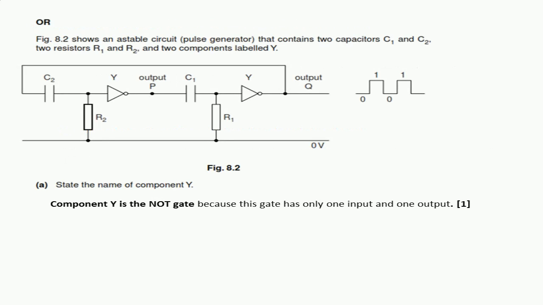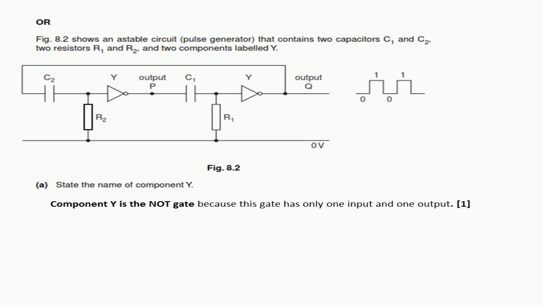So dear student, that is the question number 8 either question. As I told you at the start of the lecture, after the change in the 2015 O level syllabus, there are optional questions in section A of paper 2. So that is your second question, the or question, which is mostly from logic gates.